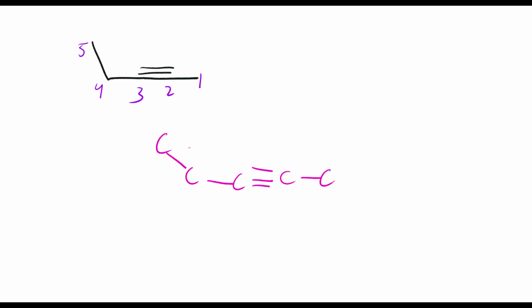And hopefully now you can see it. This little break right there is a carbon, and this is also a carbon. And so we have 5 carbons, so it's what? Pentane. But since it is triply bonded, it's going to be pentyne.